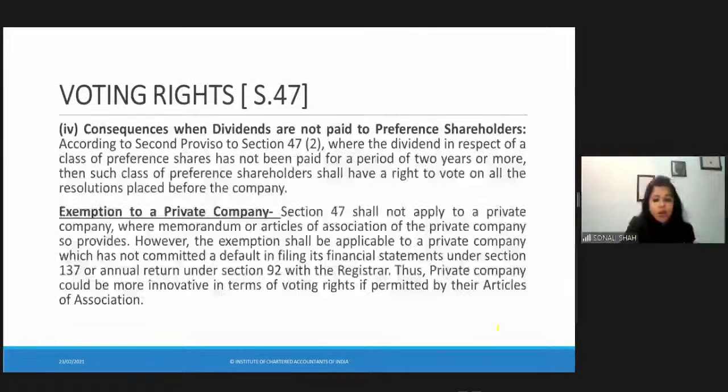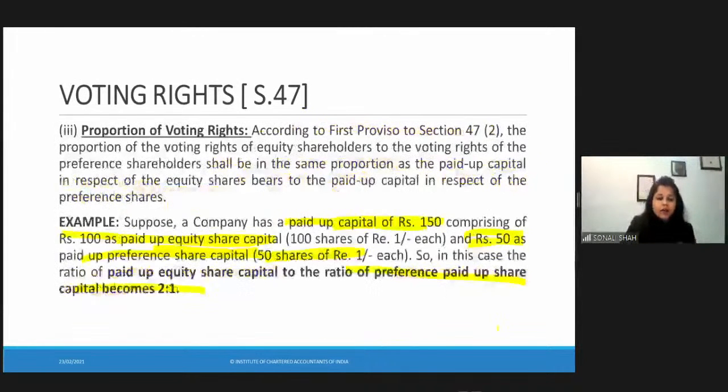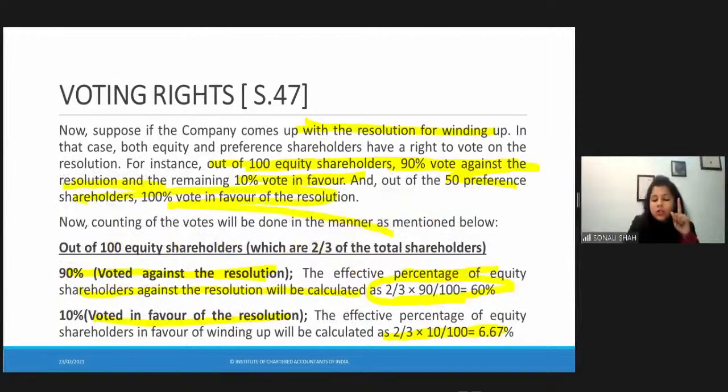Now read here, according to the proviso, the proportion of the voting rights of equity shareholders to the voting rights of preference shareholders shall be in the same proportion as the paid up equity and preference share capital. Whatever the proportion of equity and preference share capital is, the same will be the proportion of voting rights of equity shareholders and preference shareholders. Here the proportion is 2:1.